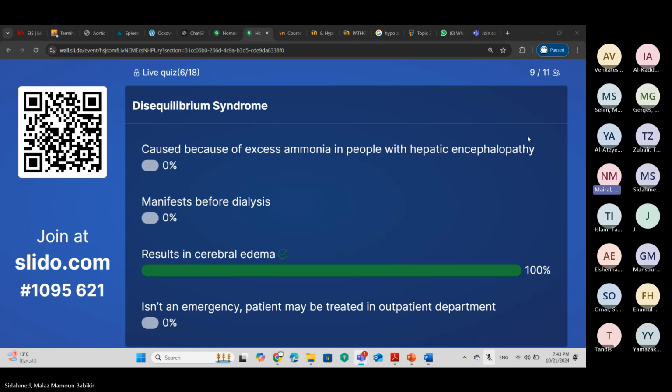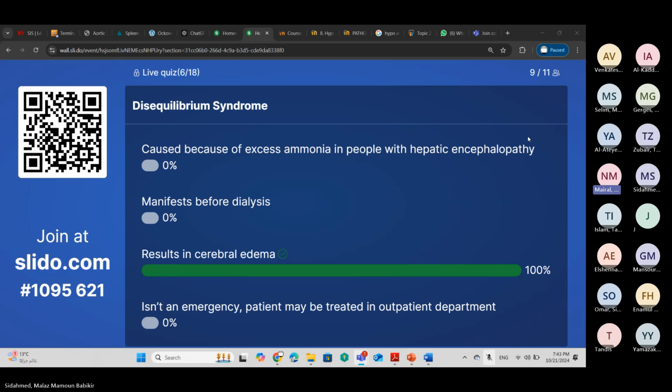In disequilibrium syndrome, urea doesn't pass very quickly across the blood-brain barrier, so it ends up retained within the brain, while the rest of the plasma is rid of this urea. As a result, the brain tissue becomes more hyperosmolar. It ends up pulling water and results in cerebral edema.